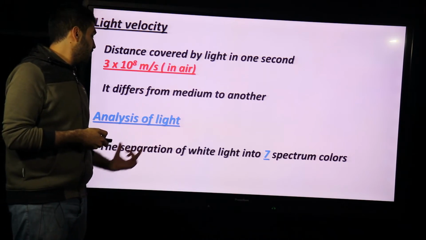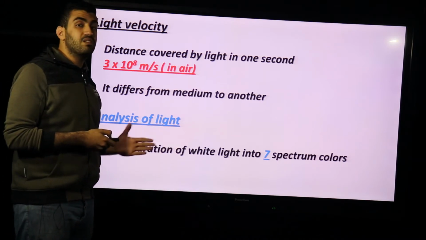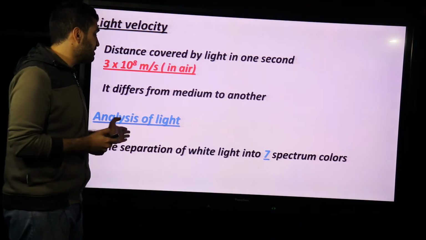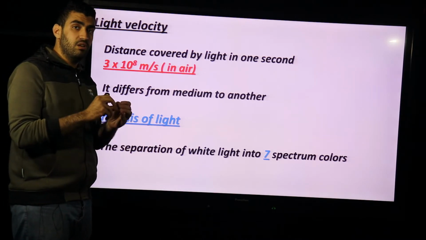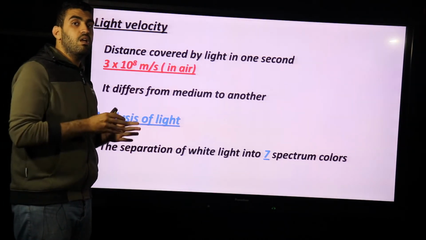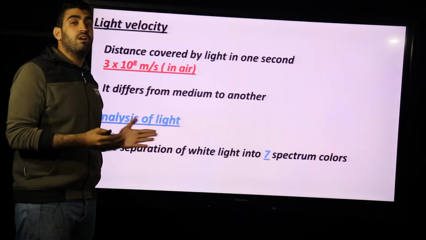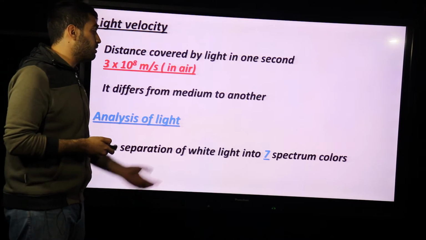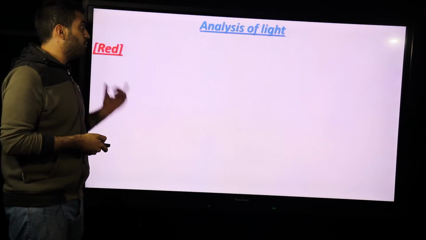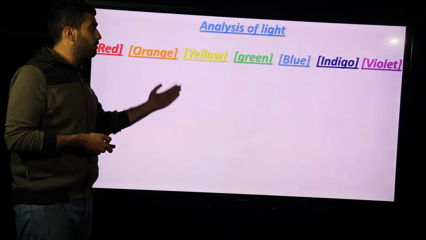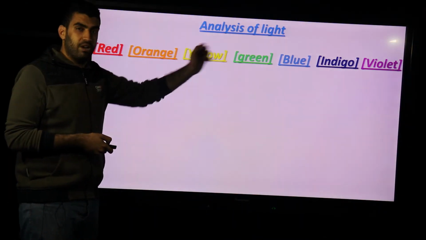Analysis of white light, the separation of white light into 7 spectrum colors. The analysis means the splitting of white light into its composition, the colors that form the white light, which are called the 7 spectrum colors: red, orange, yellow, green, blue, indigo, violet.